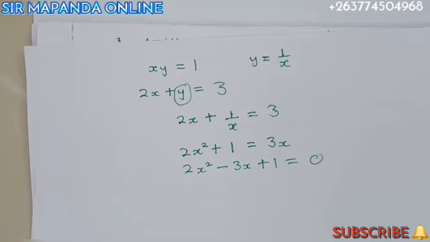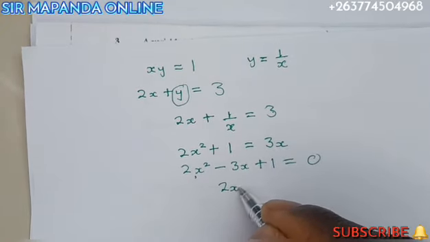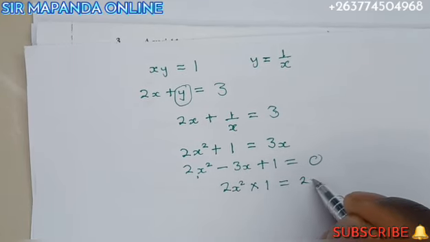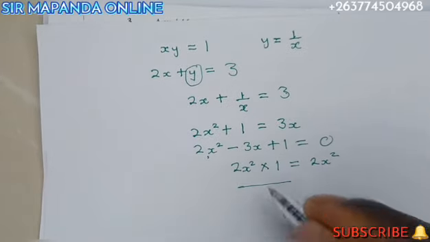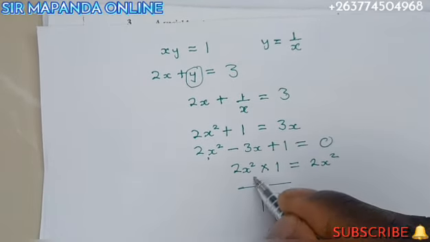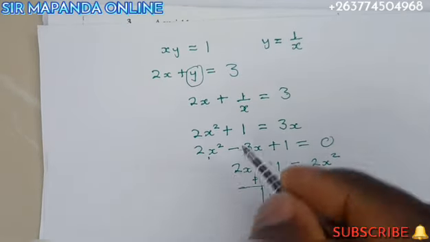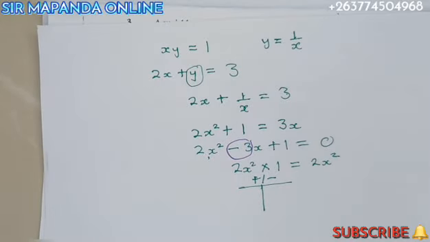Let us look for the factors. So you multiply the first term with the last term. You are saying 2x squared times 1, it gives you 2x squared. So we are now looking for two numbers which give a sum or a difference of minus 3, but when multiplied together, they give you a product of positive 2.